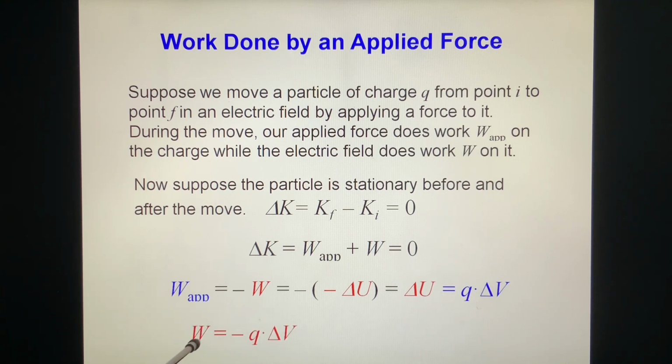And then we know that W by the field equals minus Q delta V, because they are the same magnitude. So this is Q delta V, and the other must be minus. The work done by the applied force equals Q delta V; they differ by a minus sign.